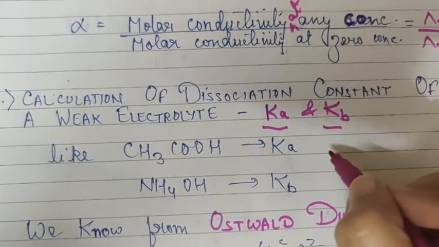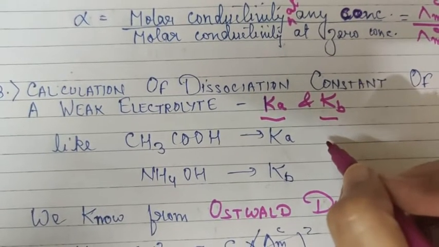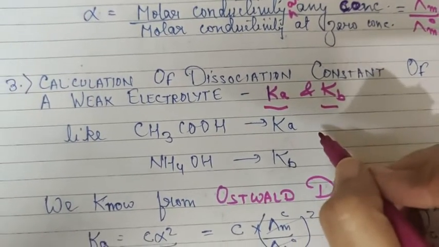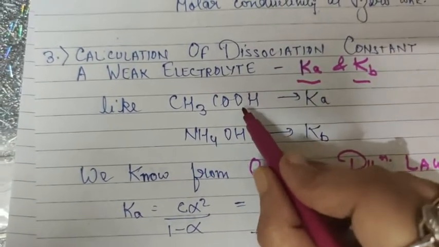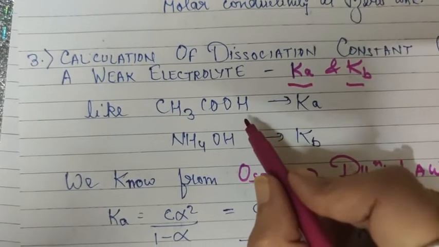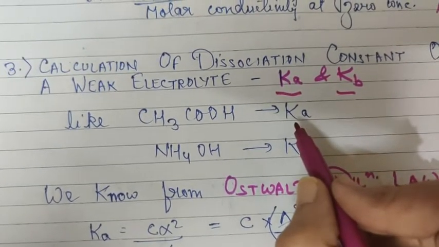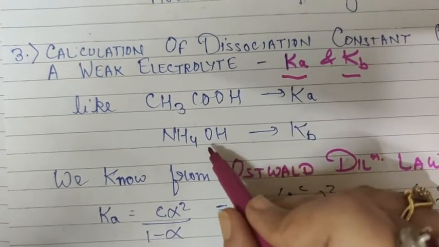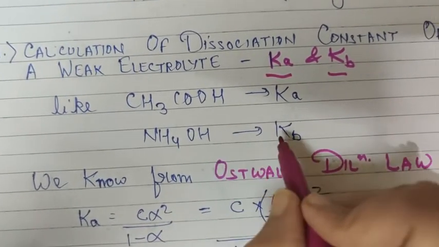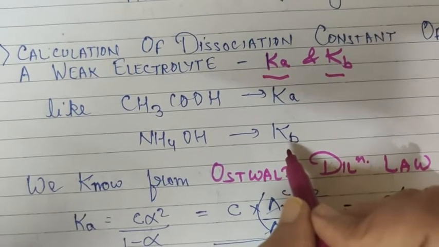All these things we have already covered in the class 11 equilibrium chapter, in detail. Suppose we are talking about acetic acid, just as an example, the dissociation constant will be Ka. And if we are talking about a weak base like ammonium hydroxide, then it will be represented by Kb.